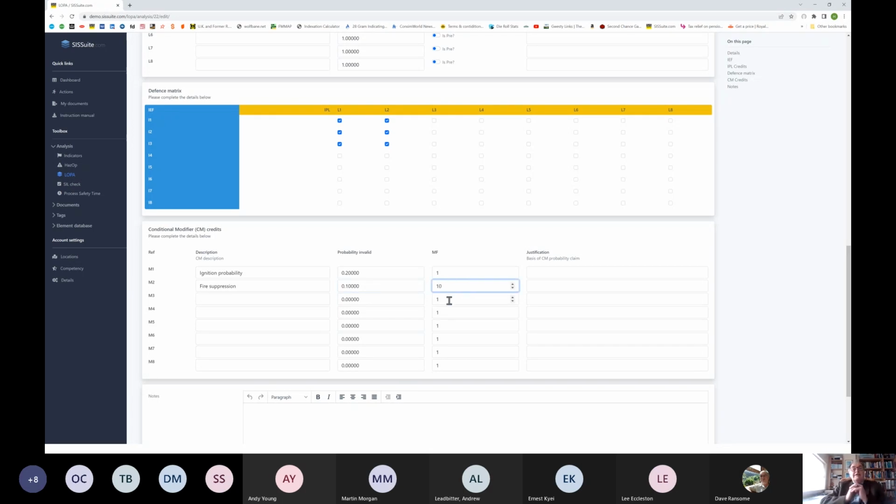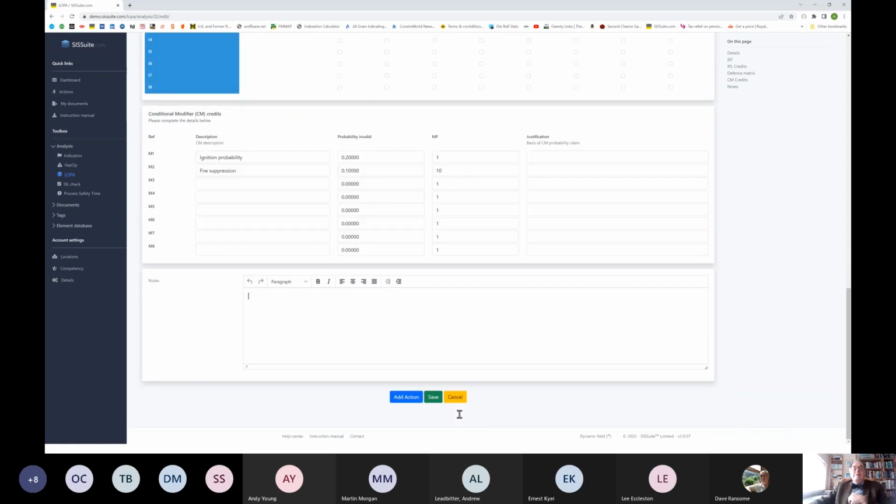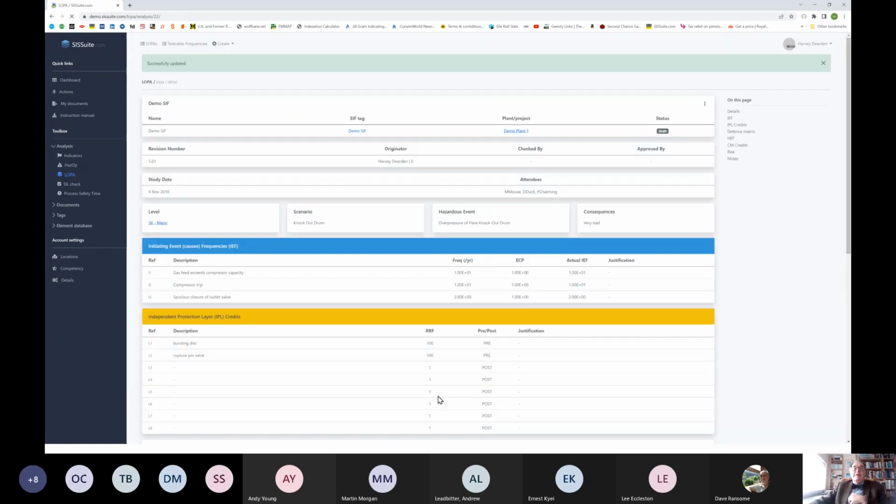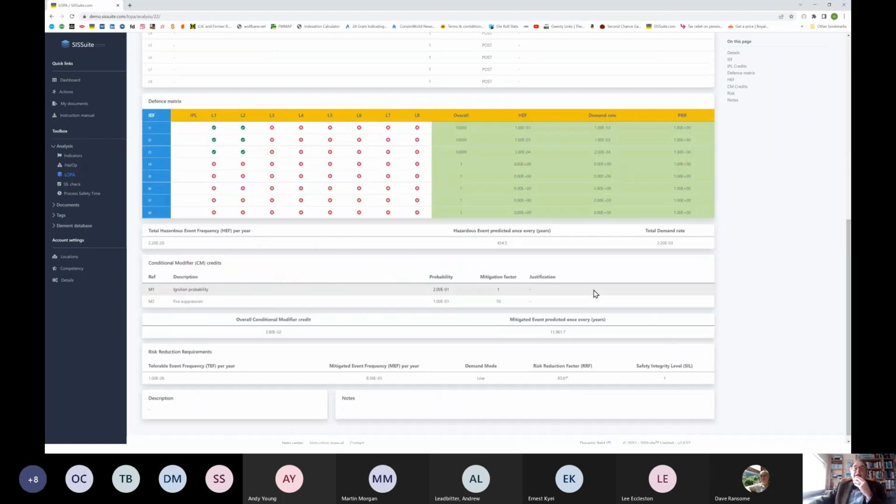And if I introduce a mitigation factor of 10, which means that if the mitigation is successful, as we're expecting 9 times out of 10, that would mean that the consequence was 10 times more tolerable. Okay, those are the only changes I'm going to make. Save that, and you can see we're back now at SIL 1, still low demand, but now the risk reduction factor requirement has fallen from 440 to 83.6.